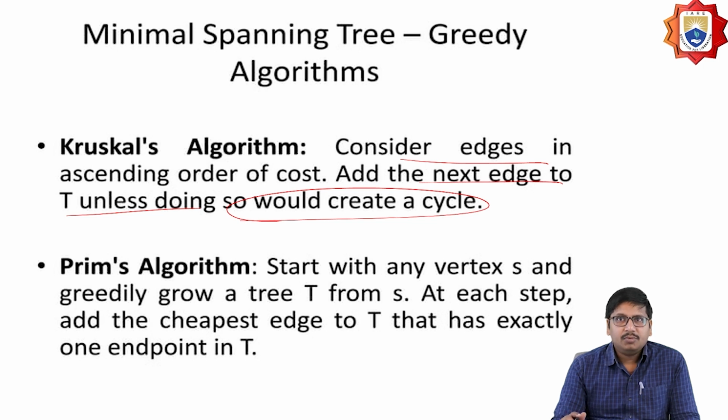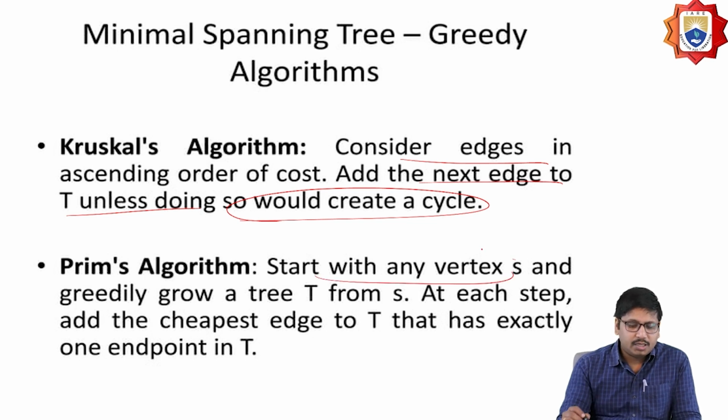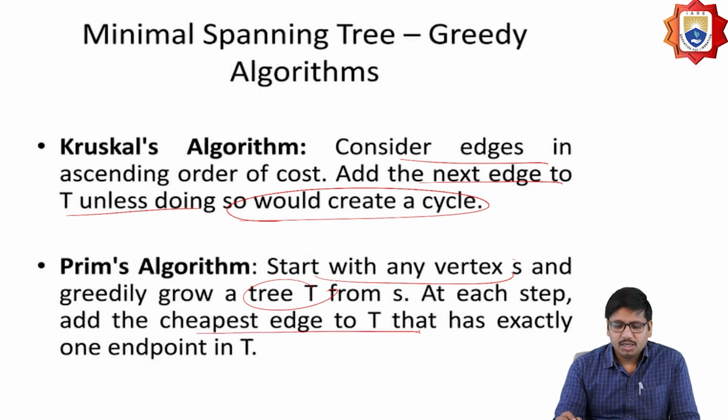And Prim's algorithm starts with a vertex S and gradually grows the tree from S, and at each step we find the cheapest edge to the tree that has exactly one endpoint in it.